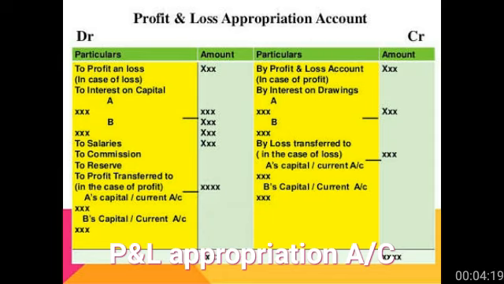Now we are moving to credit side of appropriation account. In credit side, again you can see the first item, profit and loss account. Debit side also has profit and loss as first item, and credit side also has it. Both at the same time simultaneously cannot be possible. One can be possible. Now credit side, if profit and loss account is written, it means that it is net profit.